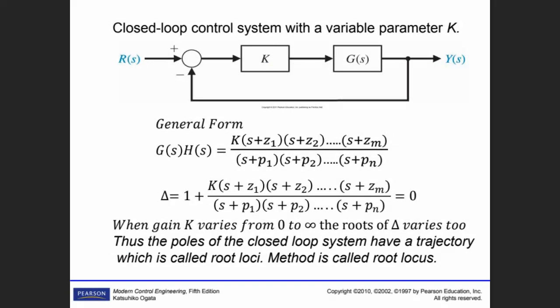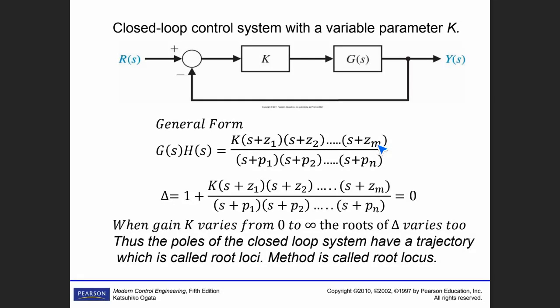Now we are adding k here. If we add a k here, then your control system GH becomes k times m zeros over n poles. So delta is equal to 1 plus GSHS, so 1 plus k times that, with the zeros, of course, and the poles.